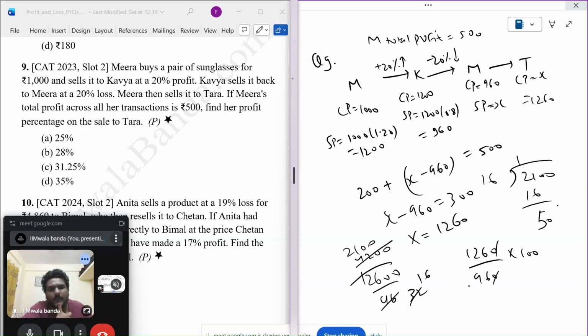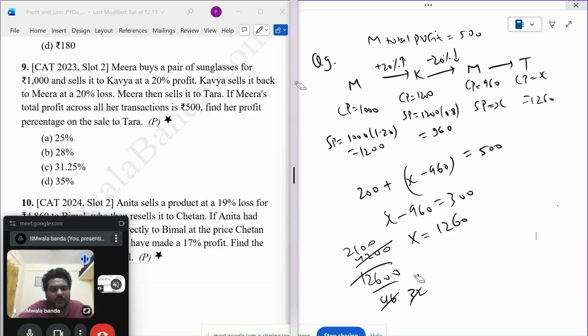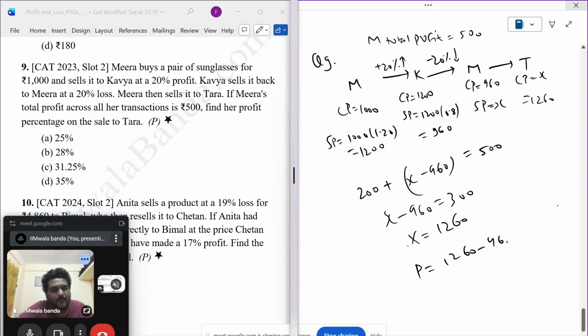Profit percentage. 1260 is not the profit. Sorry, it is the selling price, right? So profit is something else. Profit is 1260 minus 960, 300 rupees.